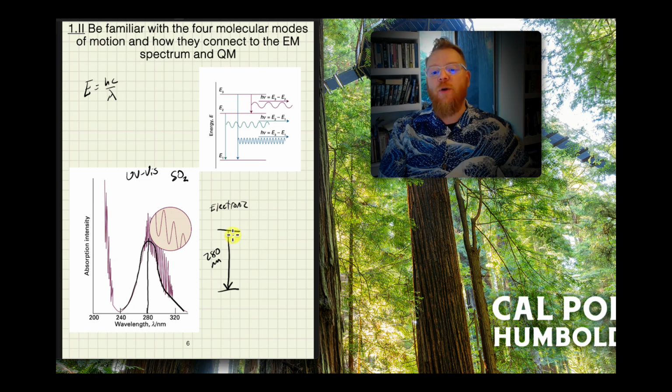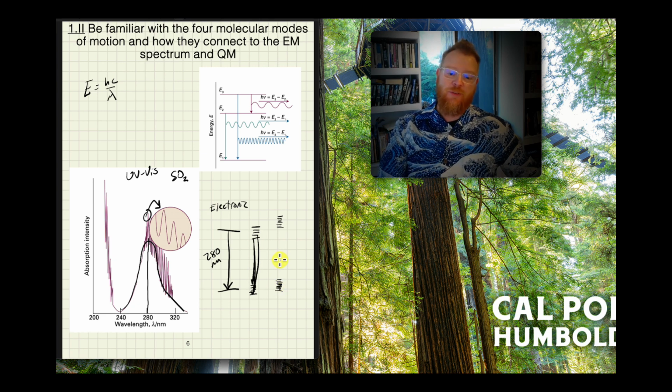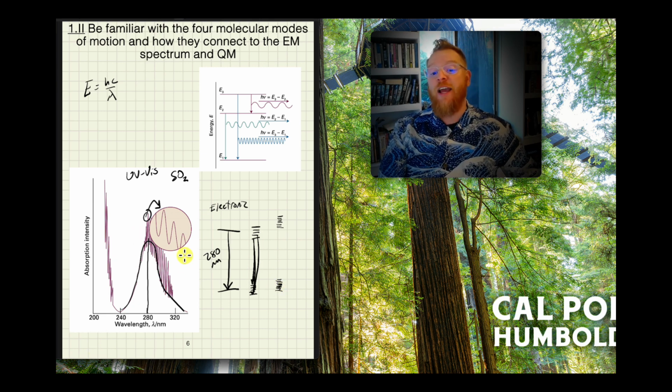Once again, I noted if we zoom in on any one of those electronic levels, we will find a whole plethora of vibrational levels. So what we're seeing with each of those individual spikes are multiple transitions to various vibrational levels. I'm sorry for the sloppiness of this. And then if we could zoom even further on any one of those peaks, we would also find a whole series of rotational levels corresponding to even finer structures.